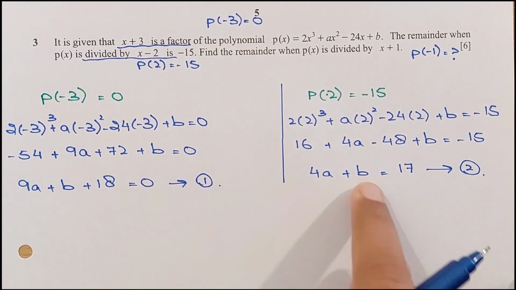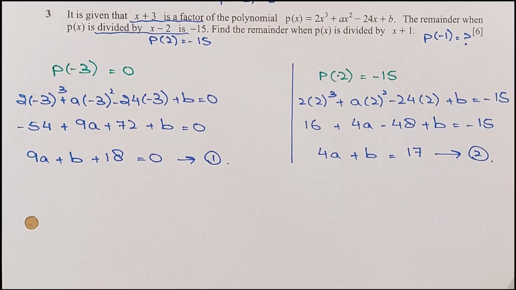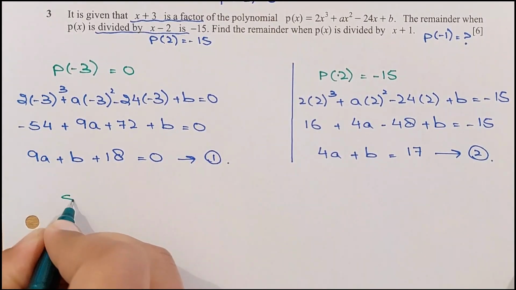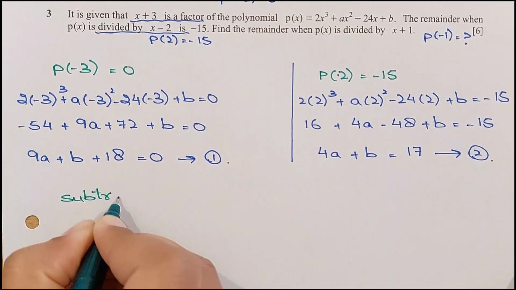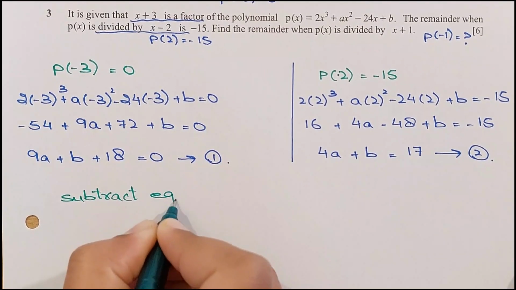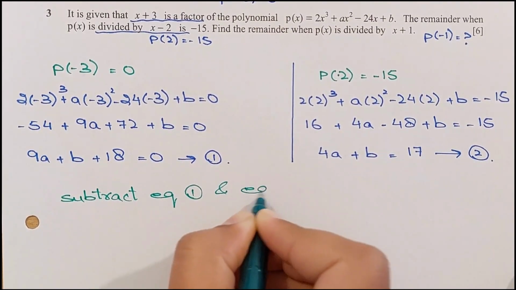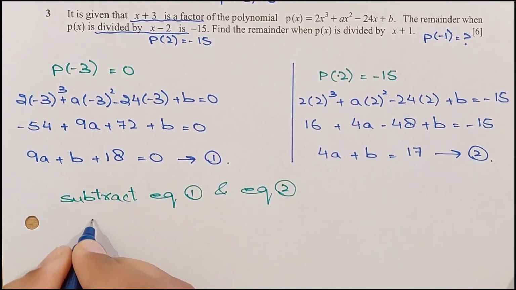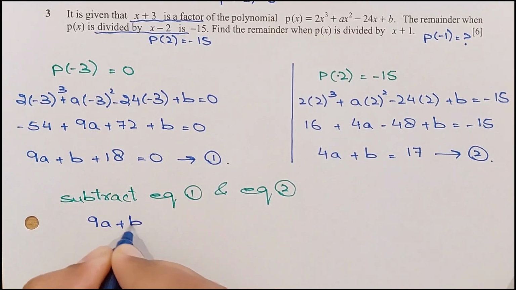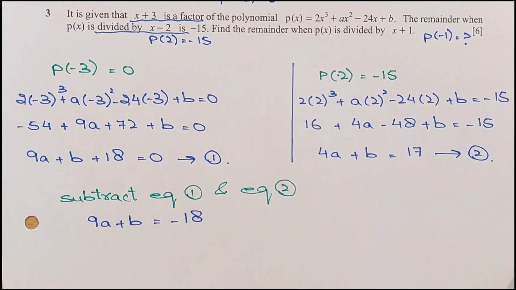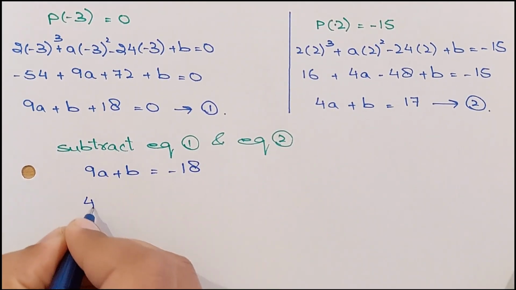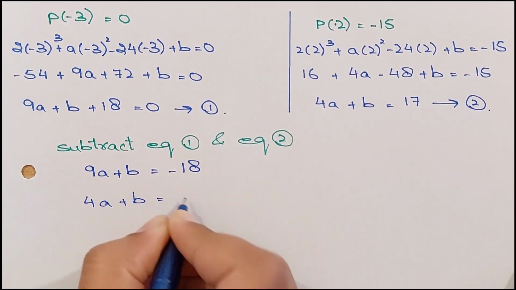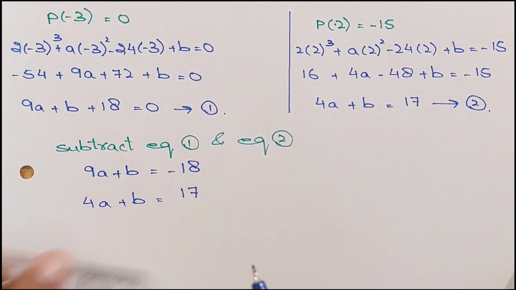As you can see, the b coefficient is 1. So let me subtract the two equations and we can get the value for a. We can easily solve for a, right? 9a plus b equals negative 18, the first equation. The second is 4a plus b equals 17.